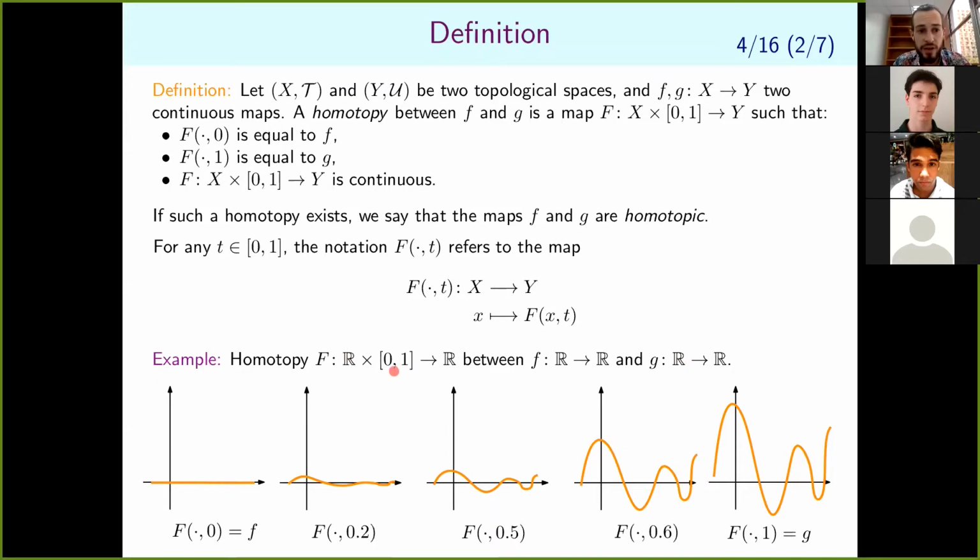So for every t that you can choose between 0 and 1, you obtain a new function, F dot t. And so, as you can see, a homotopy is exactly a continuous deformation between my two maps. I give here some example of values of t, 0.2, 0.5, 0.6, but it is defined for every t between 0 and 1.